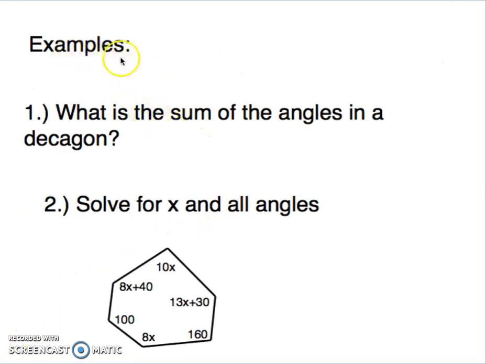Here are a couple of examples. For the first one, it's asking what is the sum of the angles in a decagon. So since it is asking for the sum, we are going to use the first theorem, which is the 180 times n minus 2.